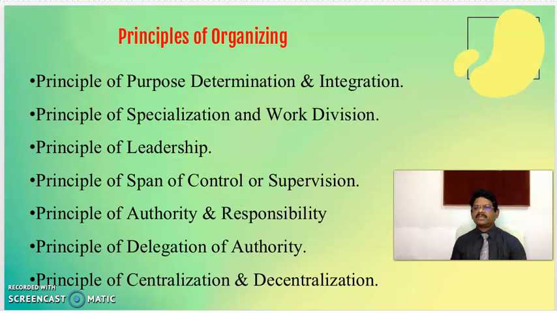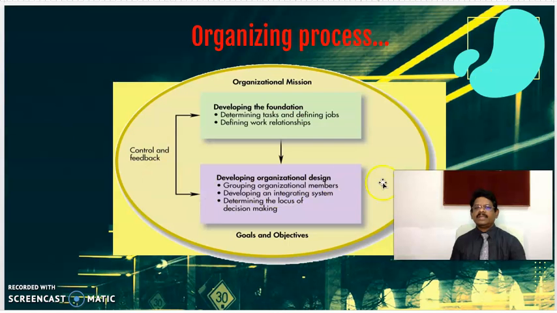Further, let us move on and try to understand the organizing process. The process actually starts from the mission and vision down to the lower-level people. In between, when you have goals and objectives, this is how the organizing function is involved in the entire flow.